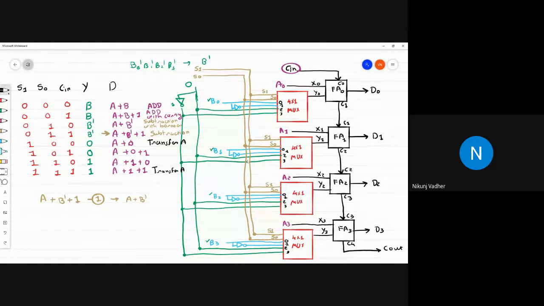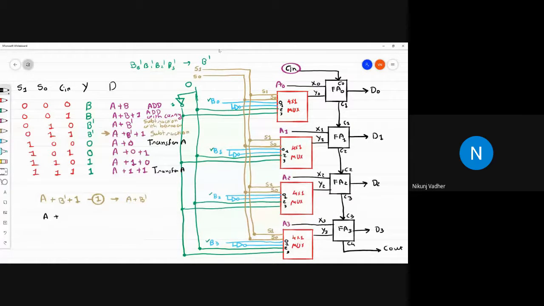Yes, can anyone tell me why this will result into transfer A? Yes, transfer A. Let me explain you.